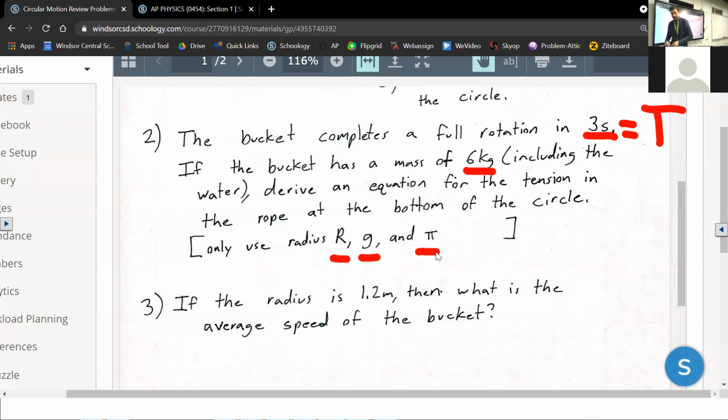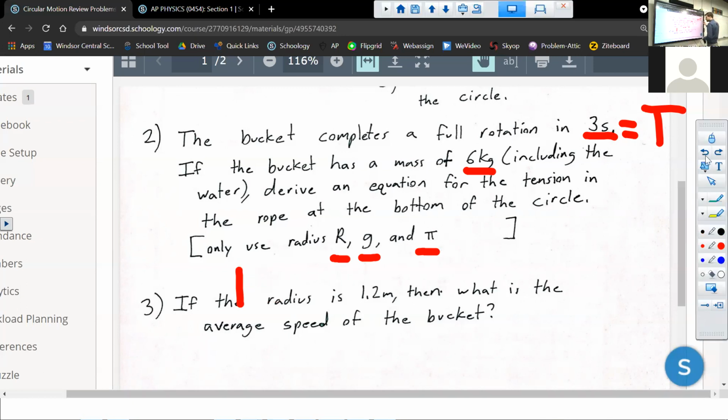Very interesting. So first, let's start with an equation for centripetal force, because that's what they want. Actually, no, for tension. So if they're solving for tension, then we basically want to figure out the sum of all the forces. Normally when they ask for an equation for a force, you're going to find the net force.